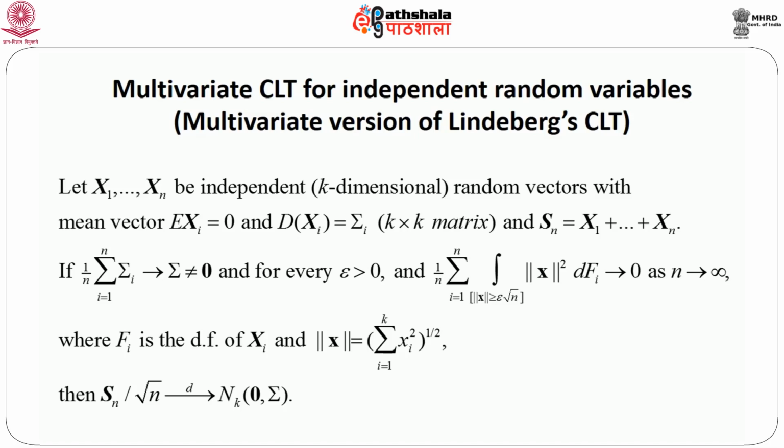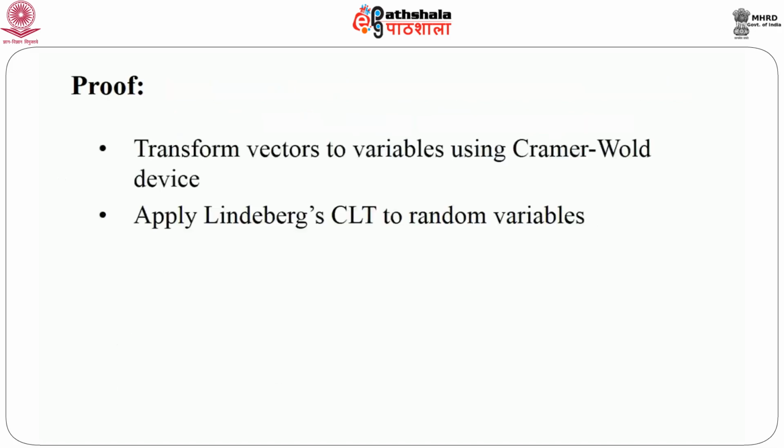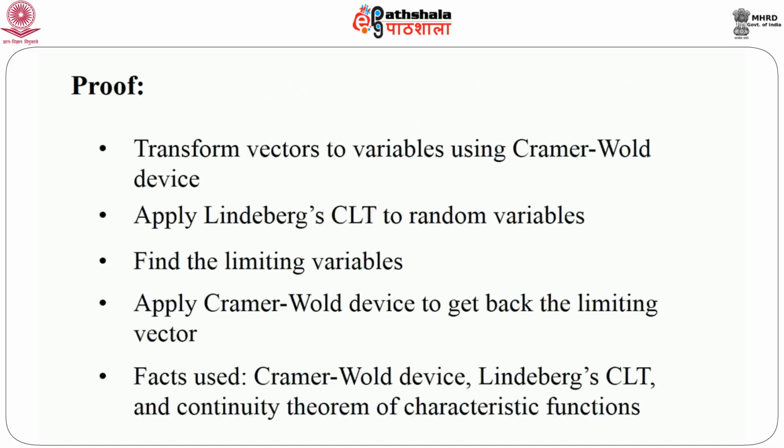Under this condition, it can be easily shown that Sn, the vector sum of the random vectors, divided by square root of n converges in distribution to a k-dimensional normal distribution with mean 0 and dispersion matrix Sigma. As an outline of the proof, we will use the Cramer-Wold device.